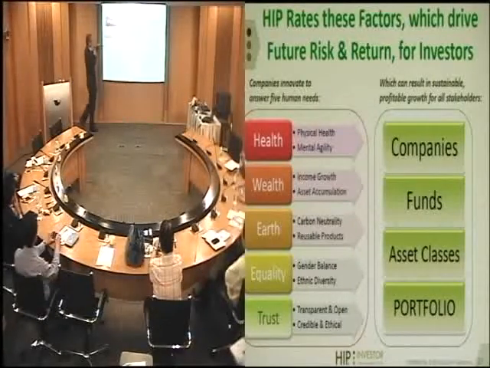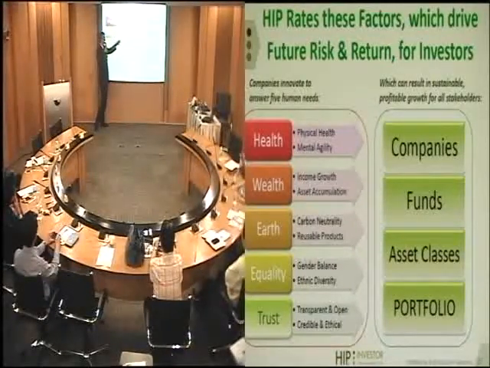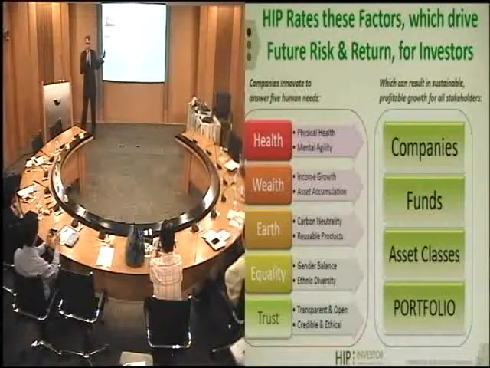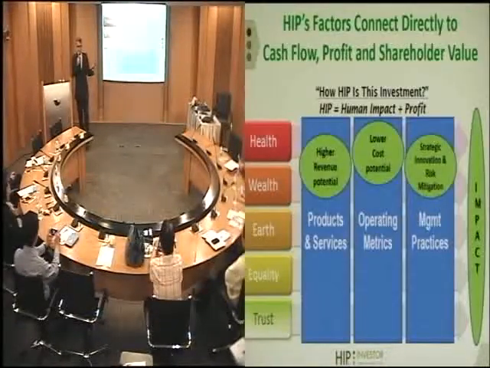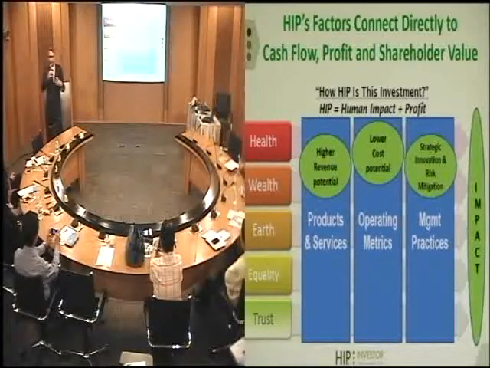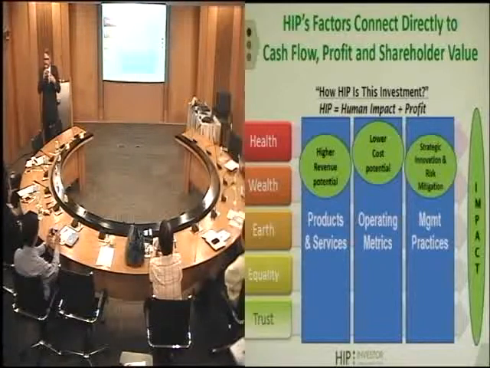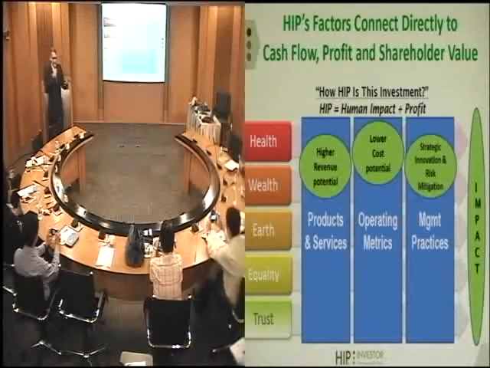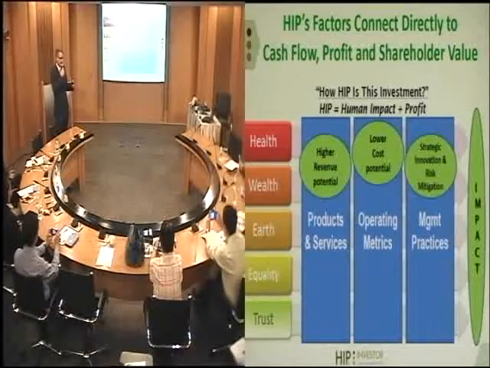So I'm going to show you examples from companies, funds, asset classes, and portfolio. What we're doing is taking this framework as a management system. When I worked at McKinsey, the goal was to find the metrics by which people can succeed, build it into a management system that you can use to run the business.